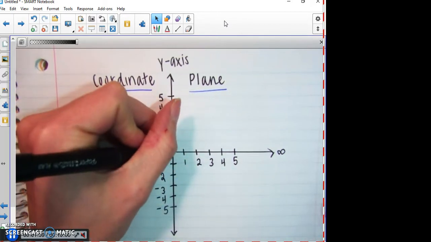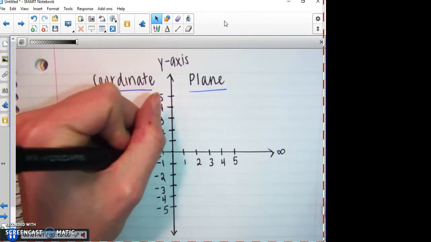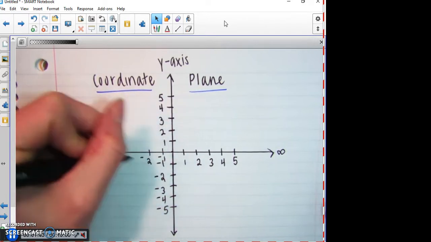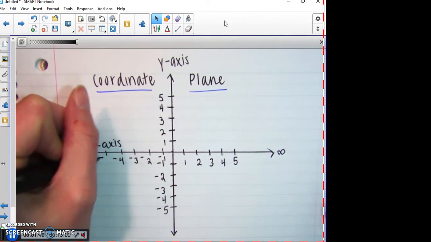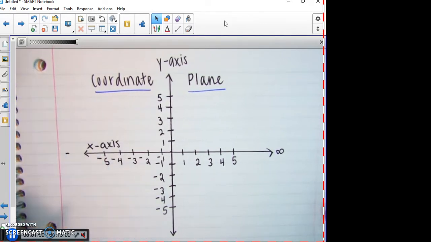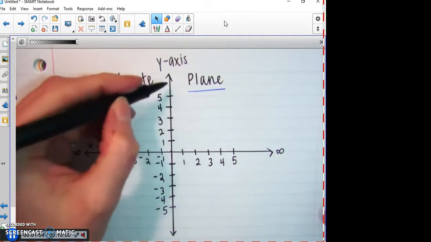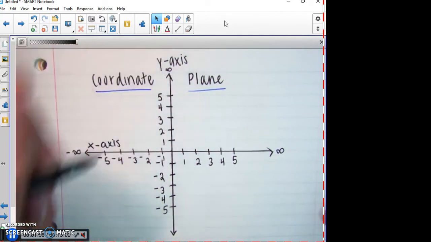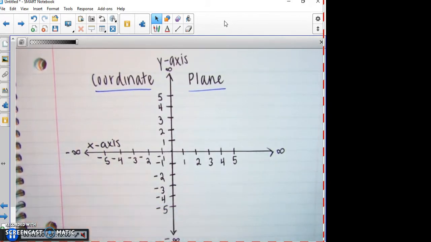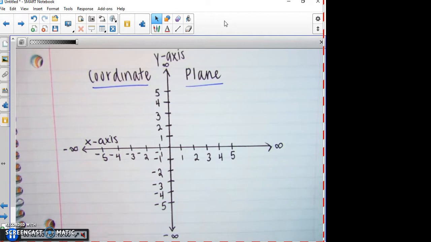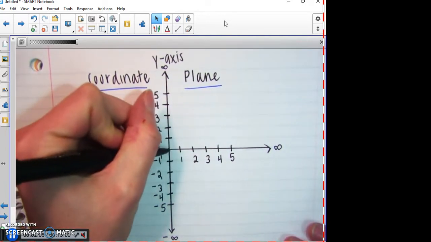And then to the left, we have 0, -1, -2, -3, -4, -5, and then so on, all the way to negative infinity. Okay? All right, and also the y values, they'll continue up to infinity, and they continue in the negative direction towards negative infinity.